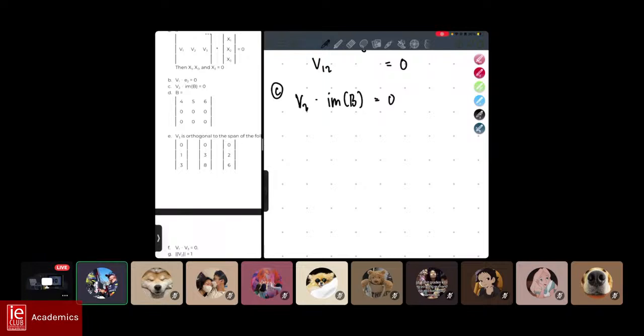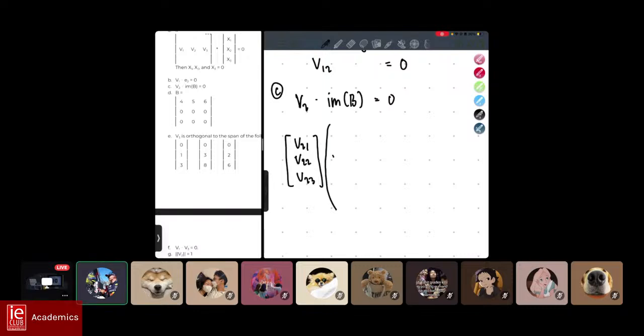Yeah. So let's take V2, V21, V22, V23 times the image of B. Okay, so medyo mahaba to.